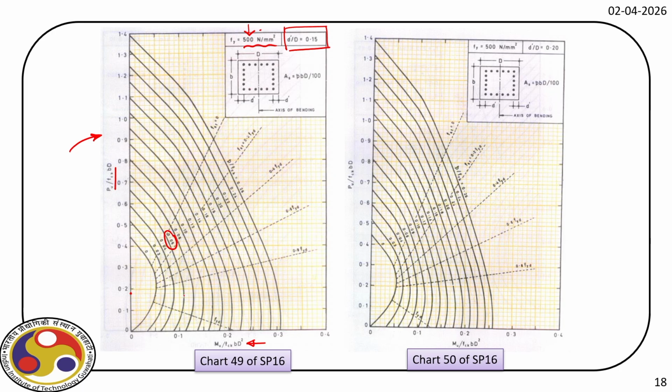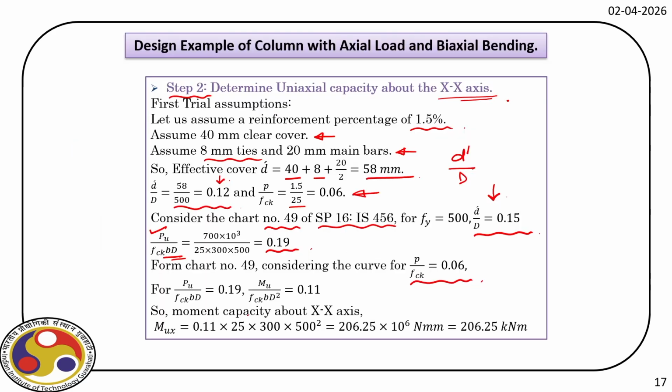So if we come here, on the x-axis the value of Mu by fck bD squared is 0.11. Now from this value we can find out the capacity about XX, which is 0.11 times fck bD squared, and that is 206.25 kilonewton meter.